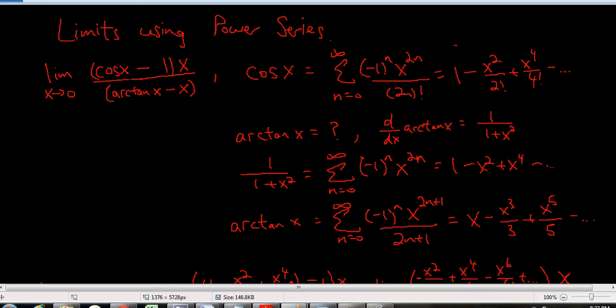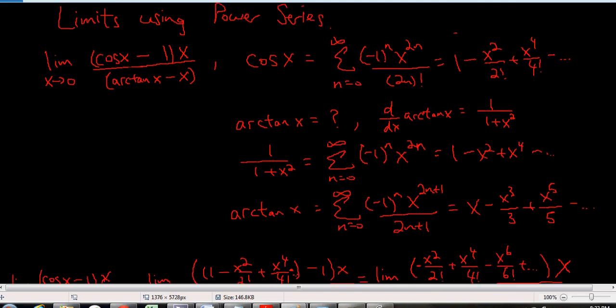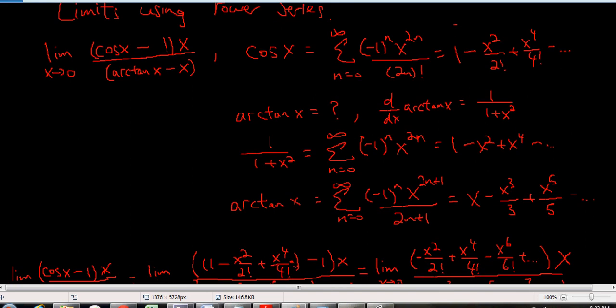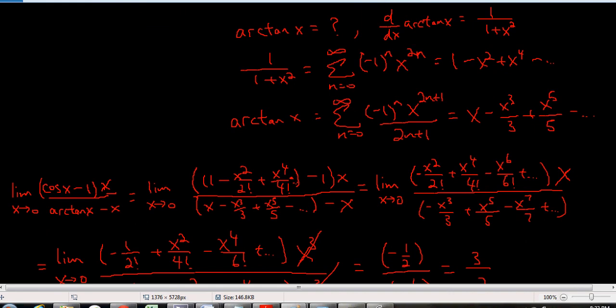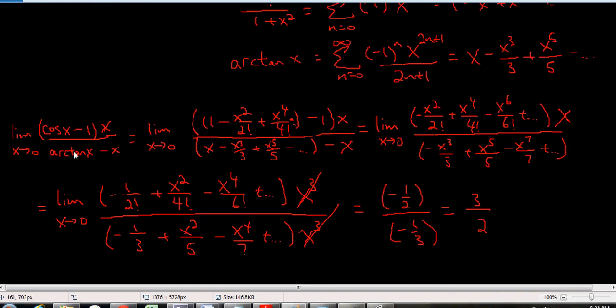It should be something you're familiar with, at least, because you've supposedly done an assignment on it. But anyway, I plug in cos x and arctan x, and I get these two series. In fact, the limit is designed so that some of these things would cancel out, and they do. And I factor out the highest power of x on the top and on the bottom so that they cancel, and I deal with whatever is left over.